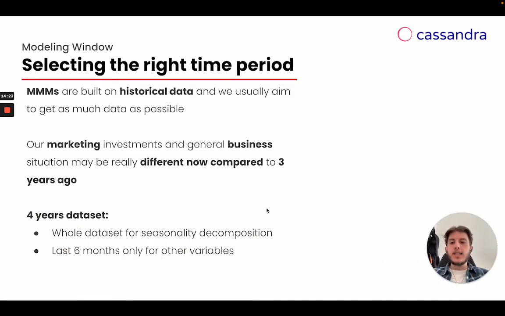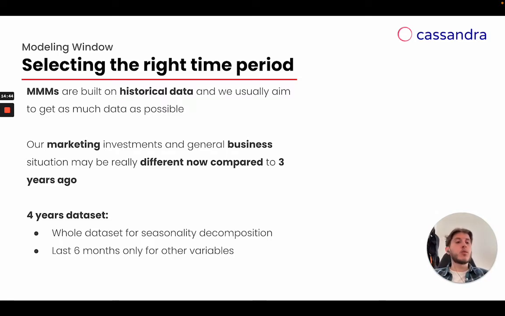So let's take a situation in which we have, for instance, 4 years of historical data in a data set. What we may want to do is use the whole 4 years of data to model the seasonality decomposition, to understand whether we have a positive or negative trend, what's the impact of holidays, what's the impact of seasonality, and so on.